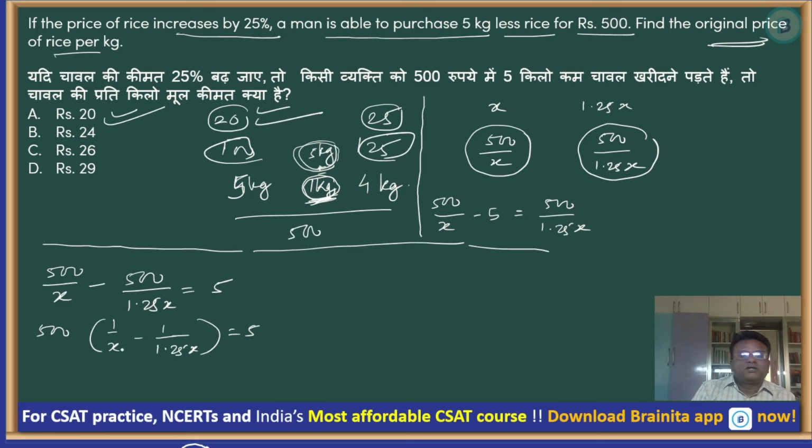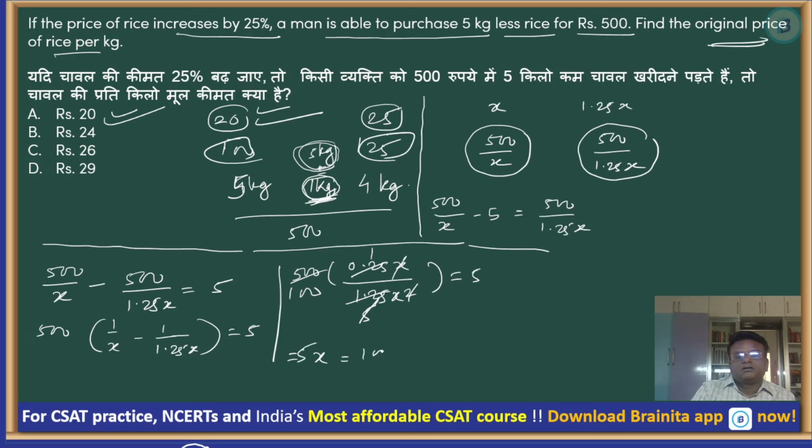So this is 1.25x minus x, which is 0.25x, divided by 1.25x here. I cancel this, then also 500. 5x is equal to 100. So x is 20, getting the same answer with algebra also.